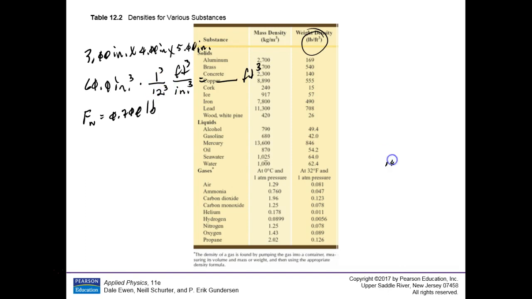That's 144 times 12. If you got a calculator, do it for me so I don't have to. 1,728. Okay, so take 60 and divide by 1,728.